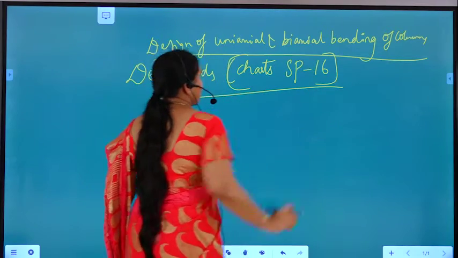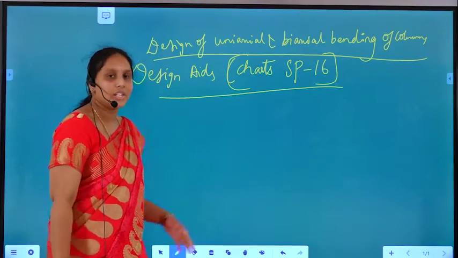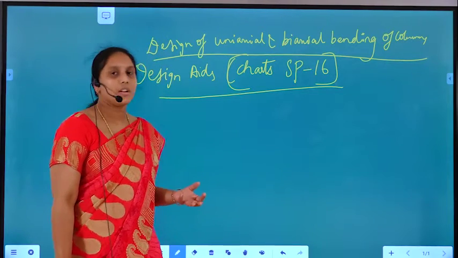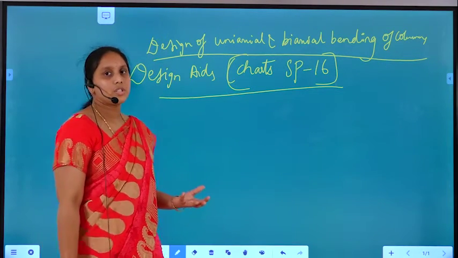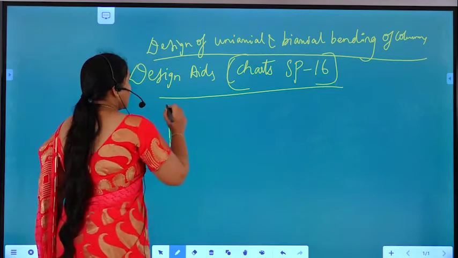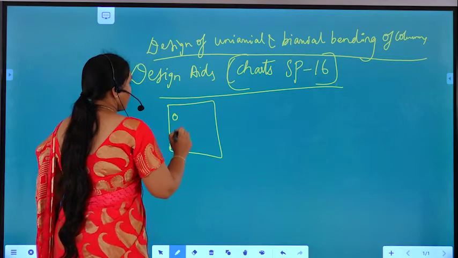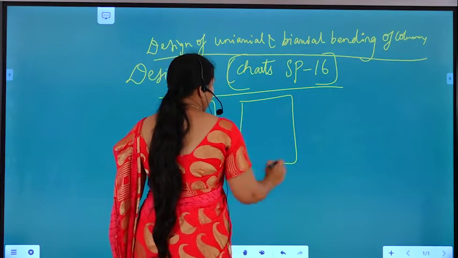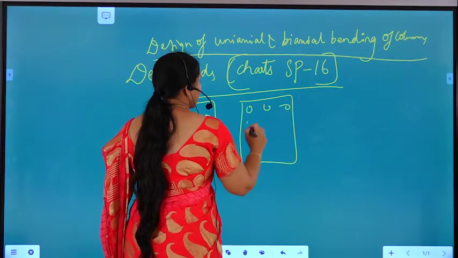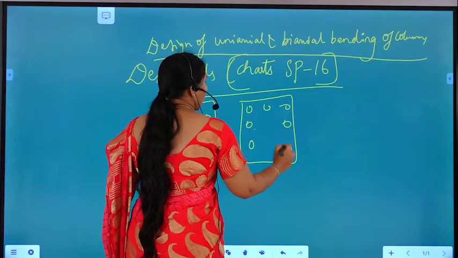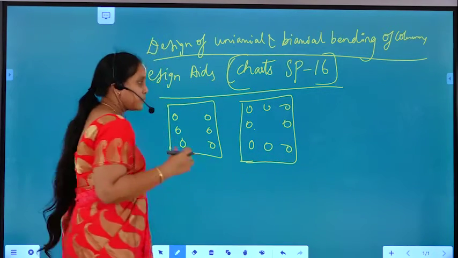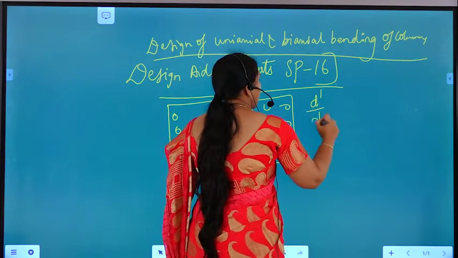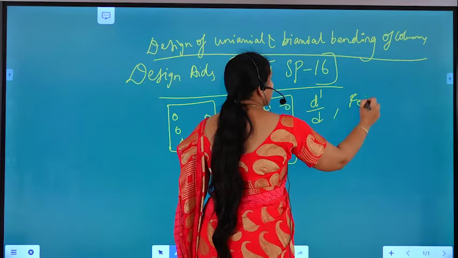the charts which are there in SP 16, and the charts are available for different cross sections, that is, for rectangular cross sections and for circular cross sections, and based on the reinforcement provided, whether the reinforcement is provided on two sides of the column or on four sides of the column, and based on the d'/D values and the grade of steel.